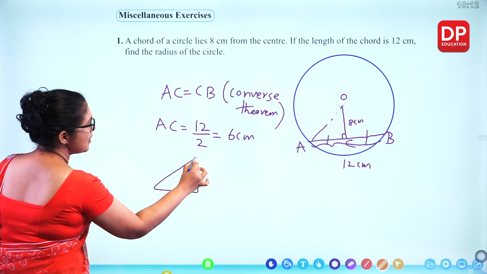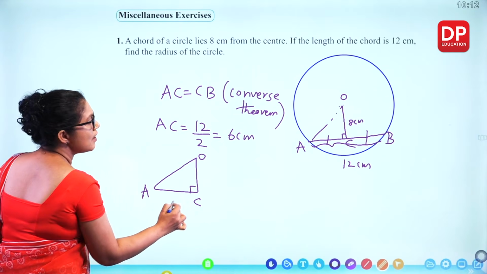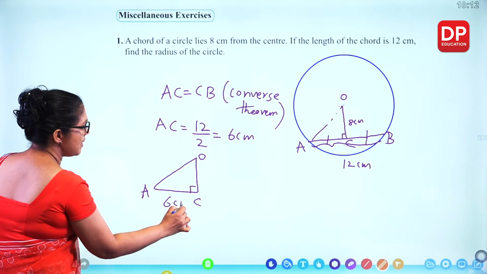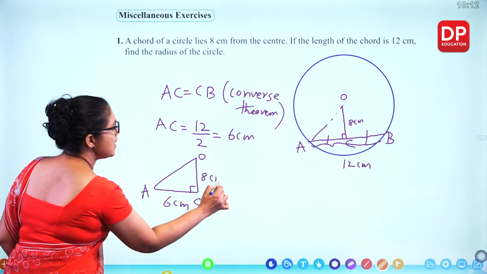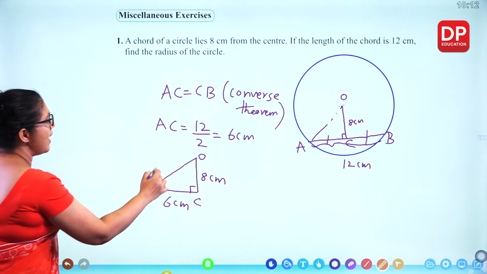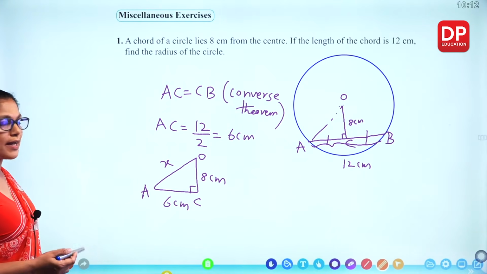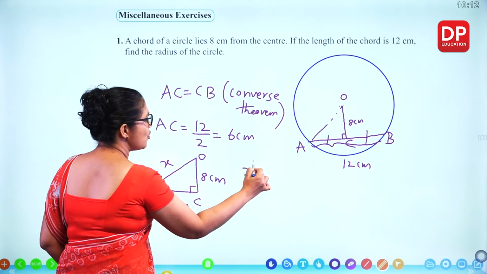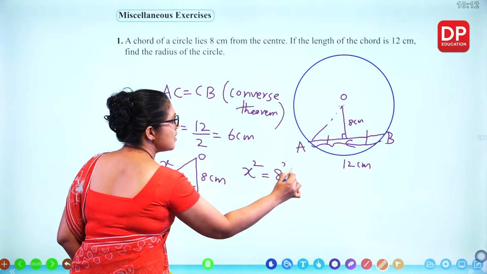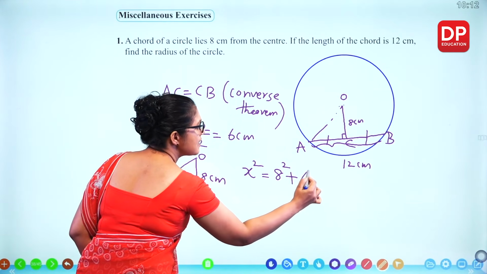And when you look at the triangle AOC, we know this is 6 centimeters for AC and this is 8 centimeters. OA is the radius of the circle, and we want to find the radius. So use the Pythagoras theorem. The hypotenuse squared is equal to the sum of squares of the other two sides.